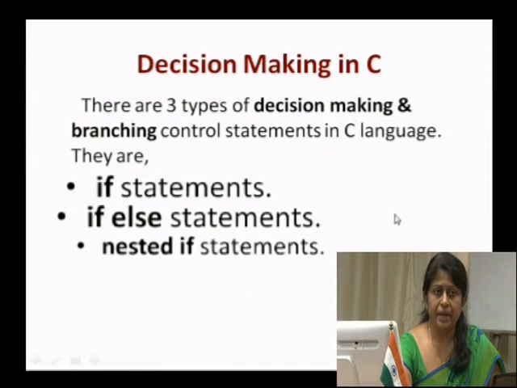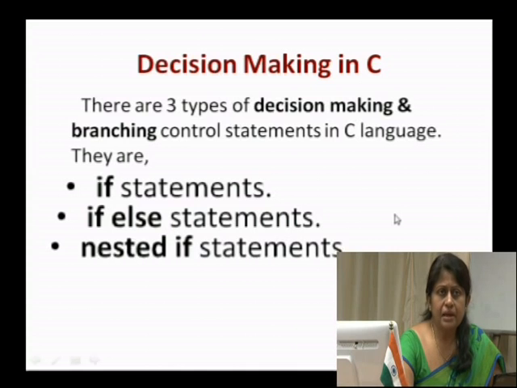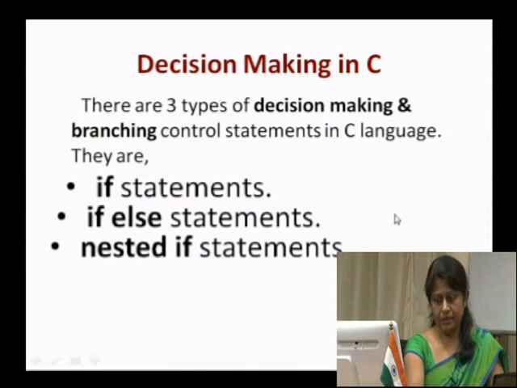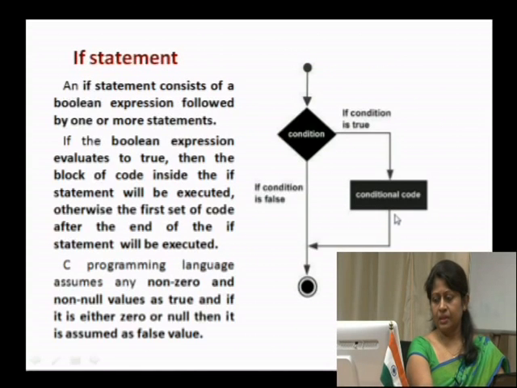In C programming, we have 3 different decision making and branching control systems. Here you have the if statements, the if else statements, and the nested if statements. Coming to the if statement, we have a condition that is checked and a condition code that follows if the condition becomes true, and following that the rest of the statements in the program.